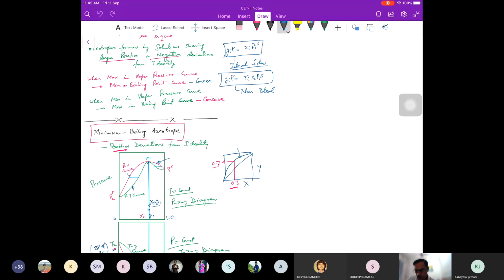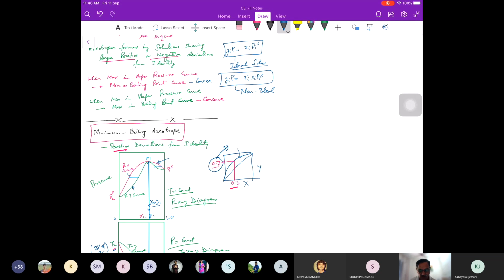That means it is richer in the more volatile component. So if I take this liquid, vaporize it and condense this vapor, I'll get a solution which has more of the lower boiling component, or more volatile component, and that is the principle of separation used in distillation.